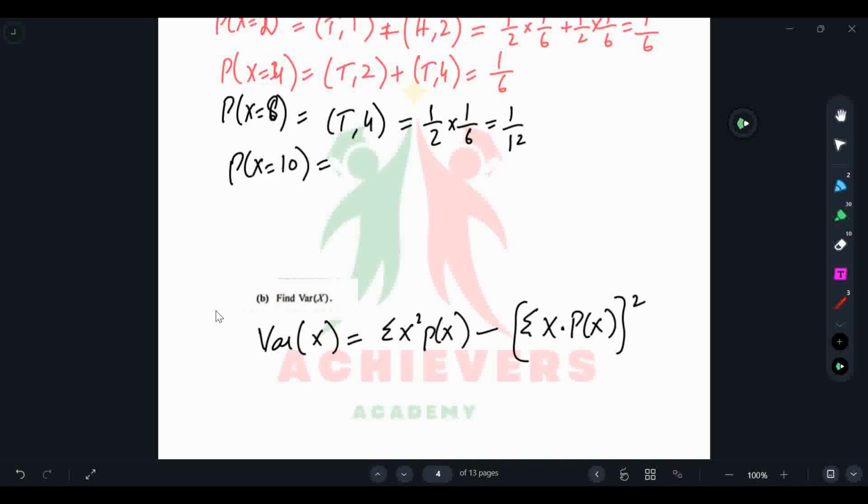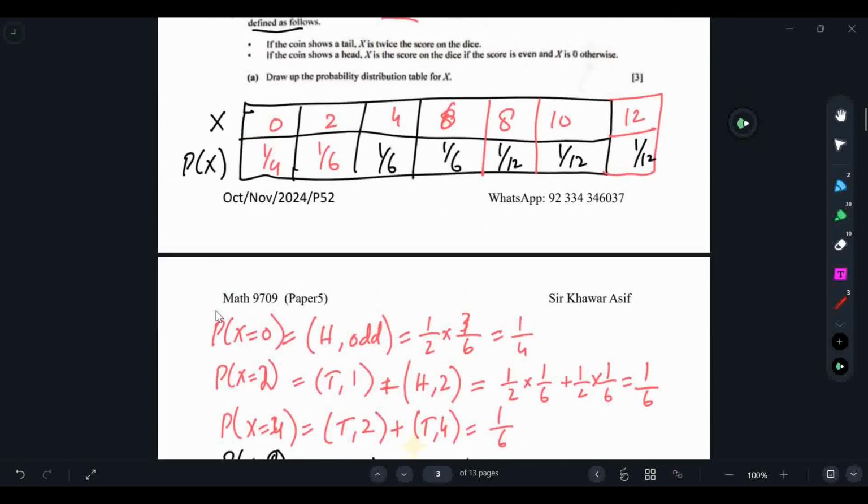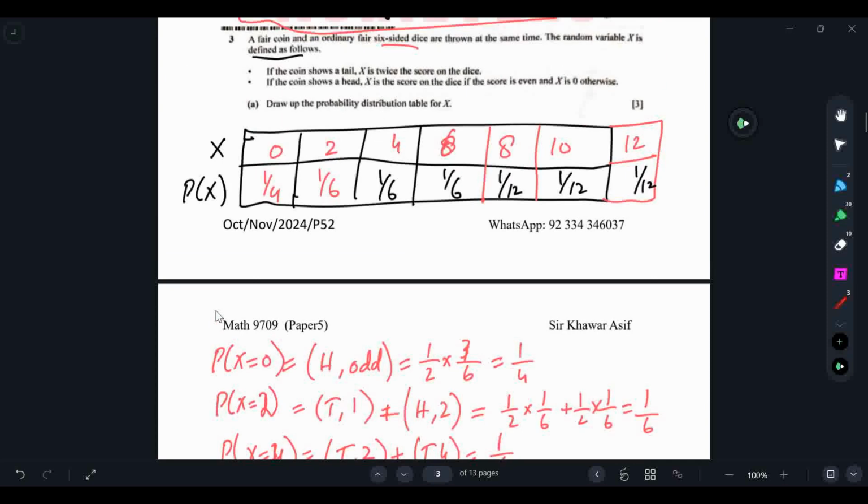Now we know the values of x, we need to find the values of x square. So we need to take the square only. So 4, 16, 36, this will be 64, 100 and 144.